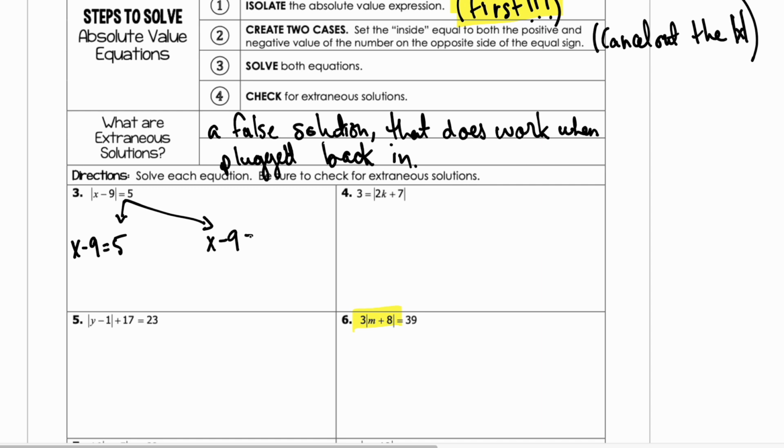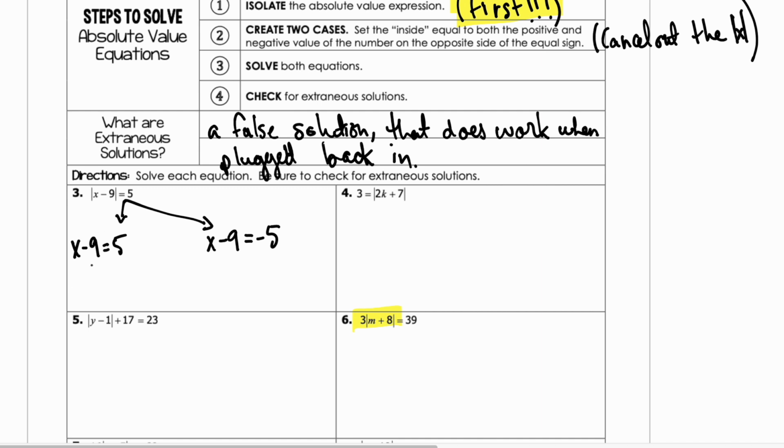And then x minus 9 equals negative 5. Because remember, the absolute value can either be, we can either have negative 5 right here, be 5 units away from 0, and we can have positive 5 be 5 units away from 0. So that's why we have to set up 2 to look at both the possible answers for x.